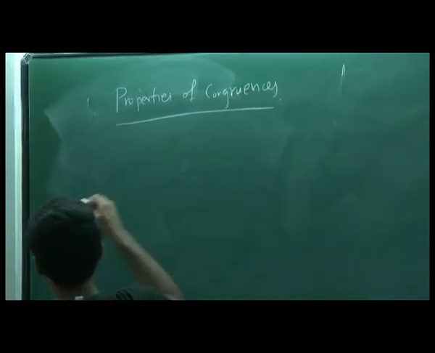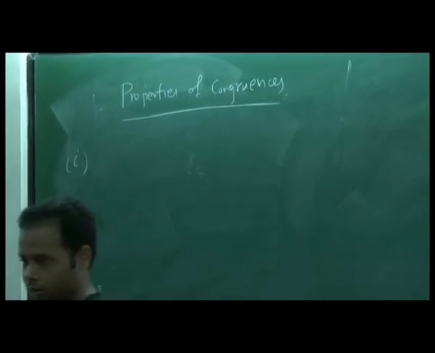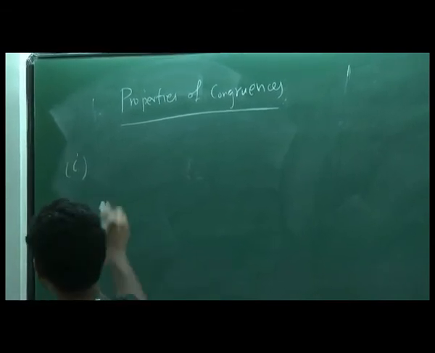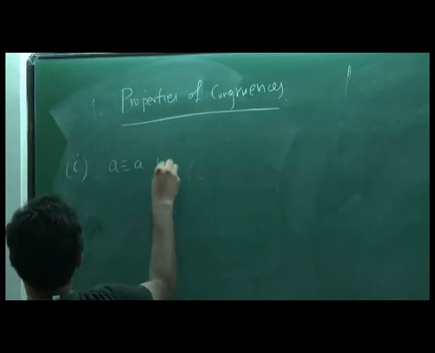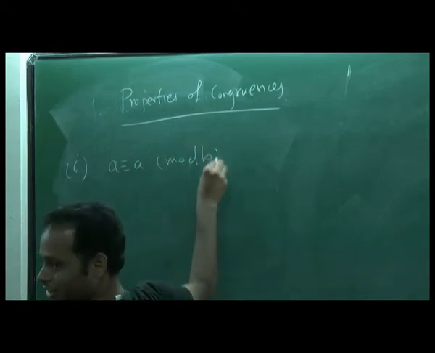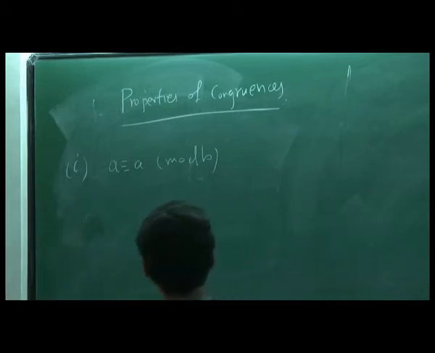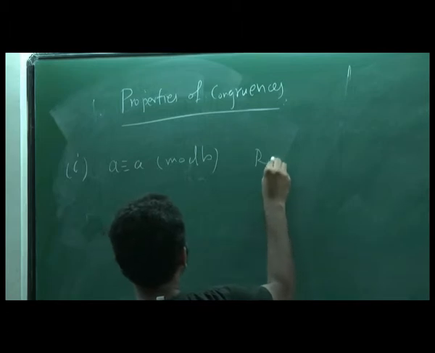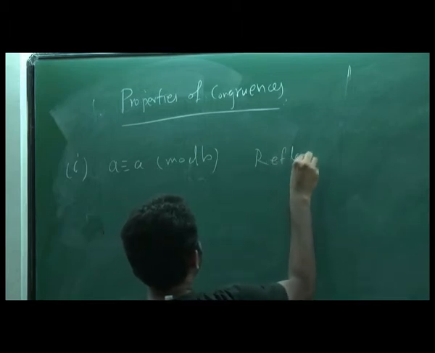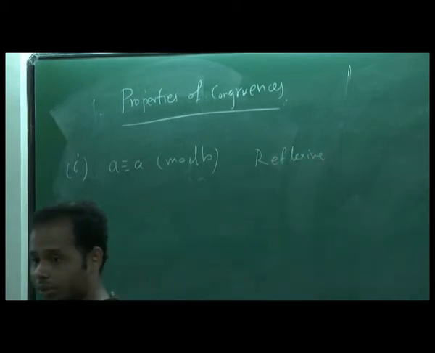So what is the most natural, most obvious property of congruences? A congruent to A mod B. This you can prove because A minus A is 0 and B divides 0, anything divides 0. This is called reflexivity. We say that congruence is reflexive because of this property.